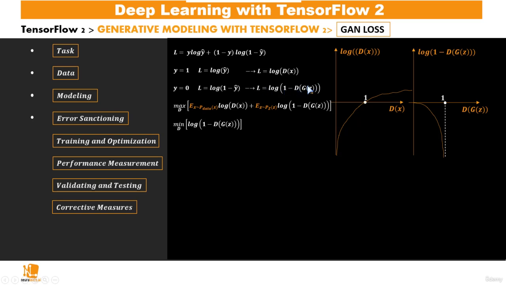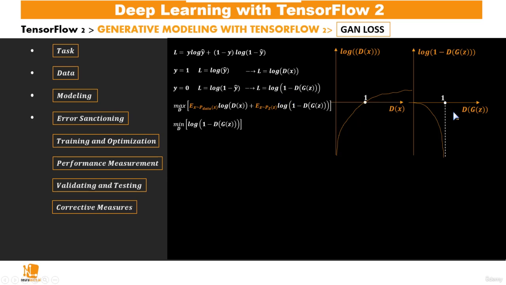So we'll say that the discriminator and the generator are having two different objectives, although the discriminator actually helps the generator in achieving this objective. So they're actually fighting and helping each other at the same time. So at this level, we have the log of 1 minus 1, and the log of 0 is not existent, but the limit as x goes to 0 of the log of x is negative infinity.